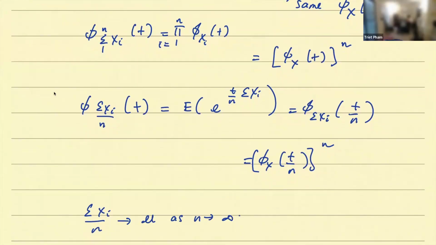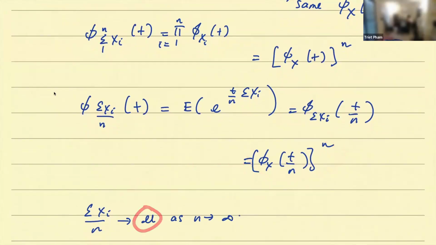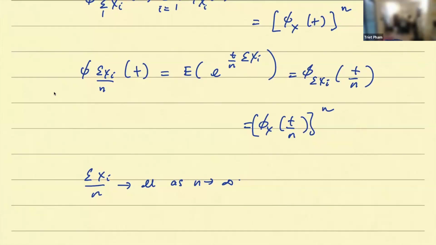In the language of the moment generating function, this is a moment generating function of this. The moment generating function of a single number mu is the expectation of e to the t mu, which is e to the t mu itself, because mu is not random, correct?